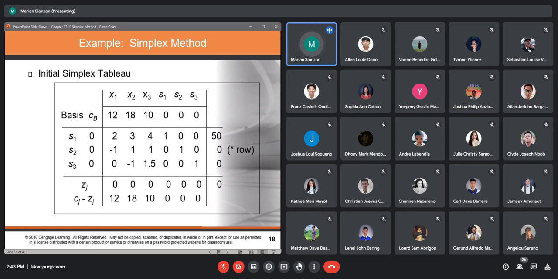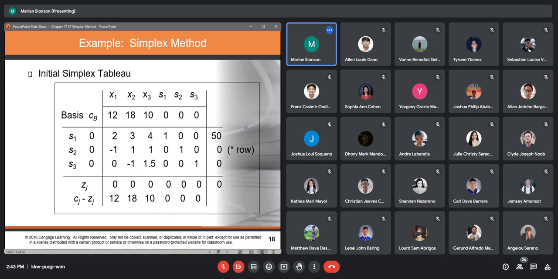Possible improvement. Now, when we say 12, this means if I am going to convert one of these to x sub 1, its contribution will be 12 for every x sub 1 unit that I put.